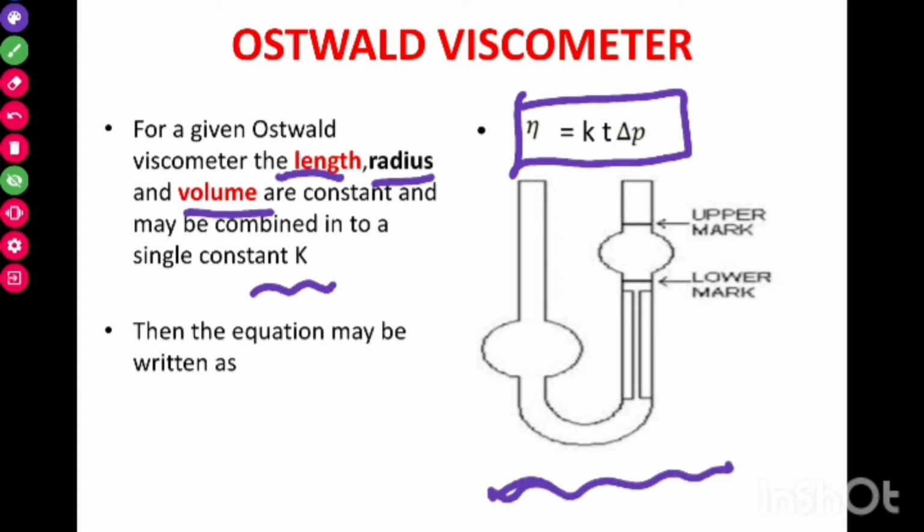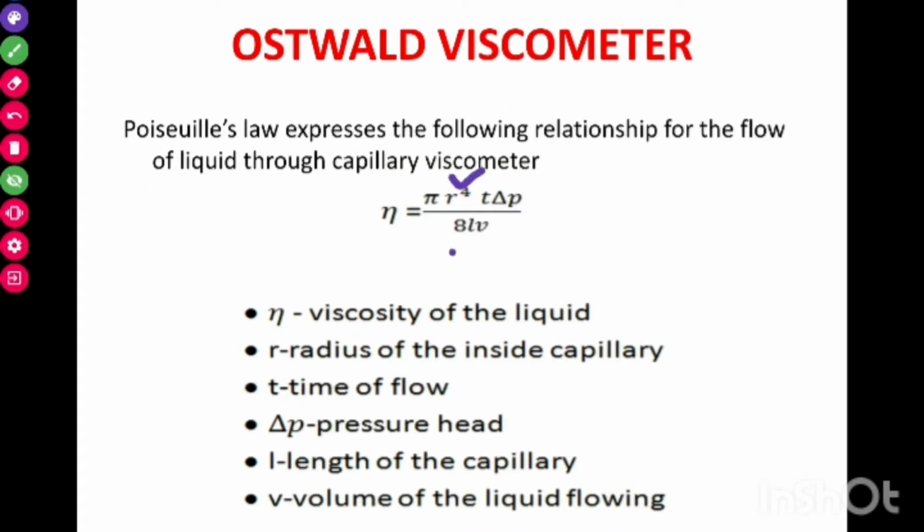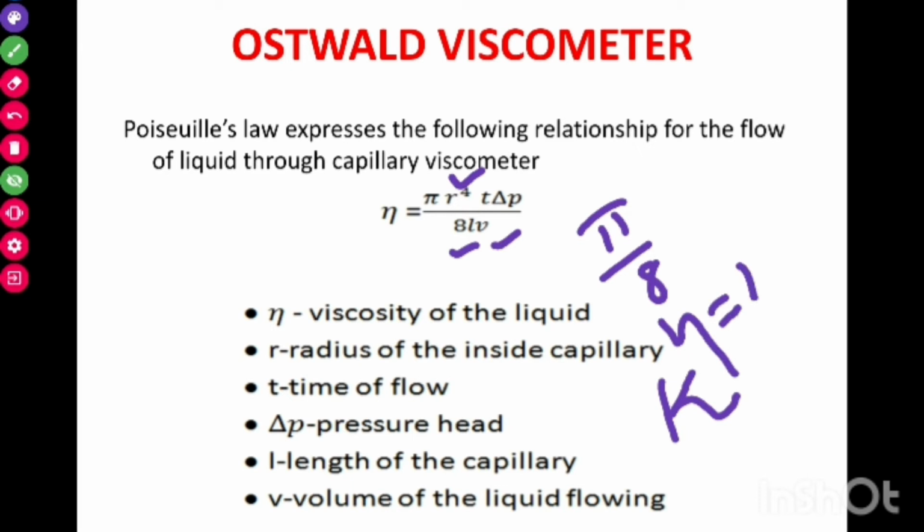For a particular Ostwald viscometer, the length, radius and volume, these three factors can be taken as constant and that represents K. Pi by 8 is also constant, and we can combine all these factors into a single constant, and that constant value represents K. Then our equation changes to eta equals K T delta P. Okay, is it clear?